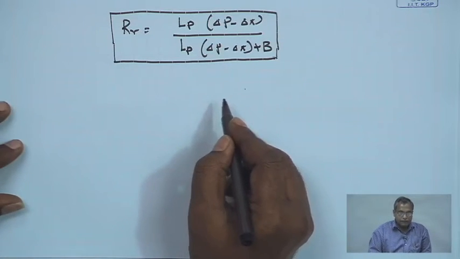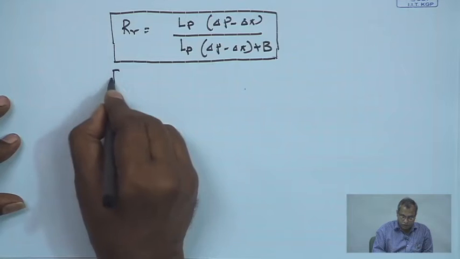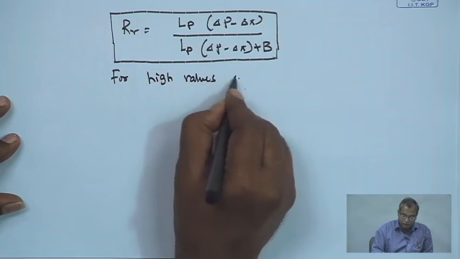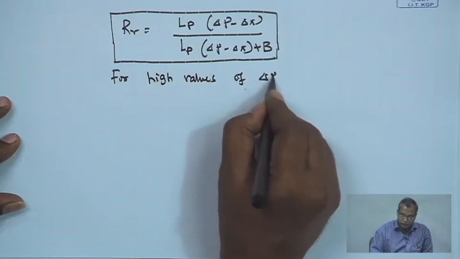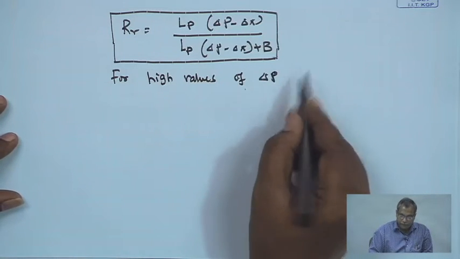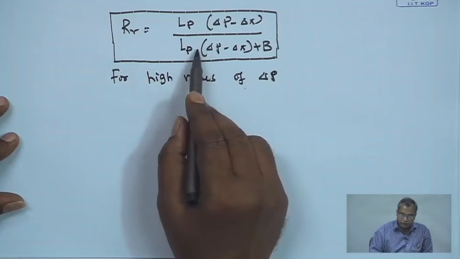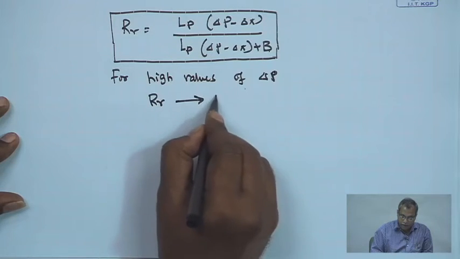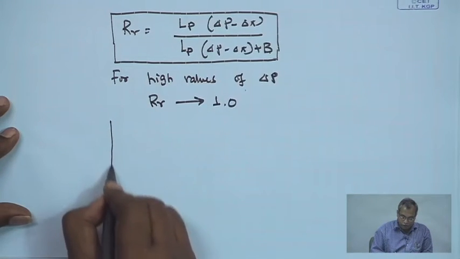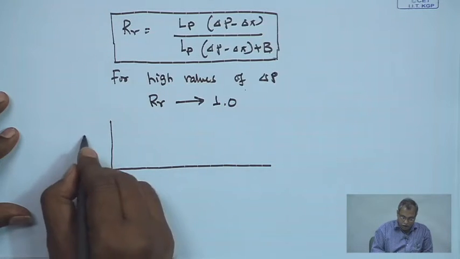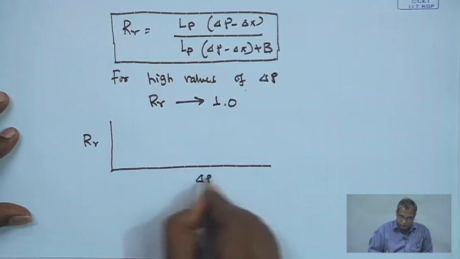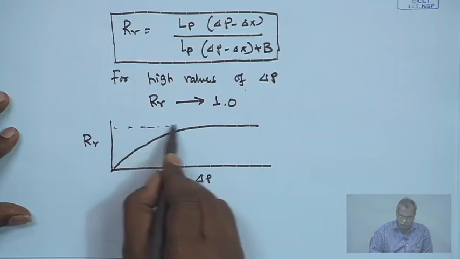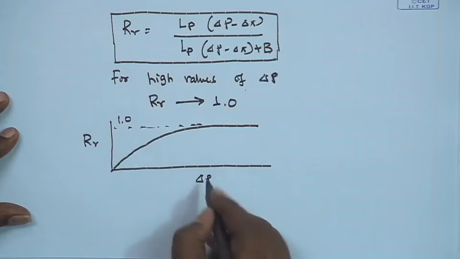This shows that for high values of delta p, where the delta pi will be negligible, this term will be dominant and B will be less dominant, and R r will be approaching 1. So, if you plot R r versus delta p, this will be approaching 1.